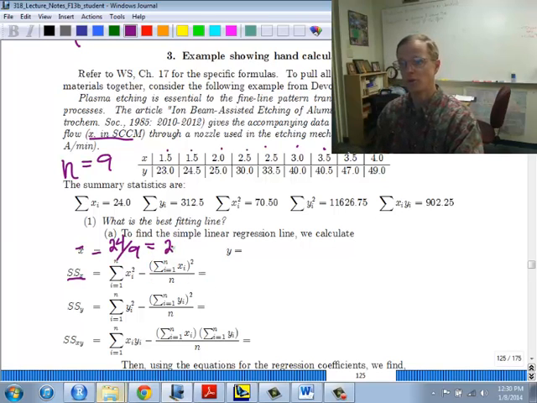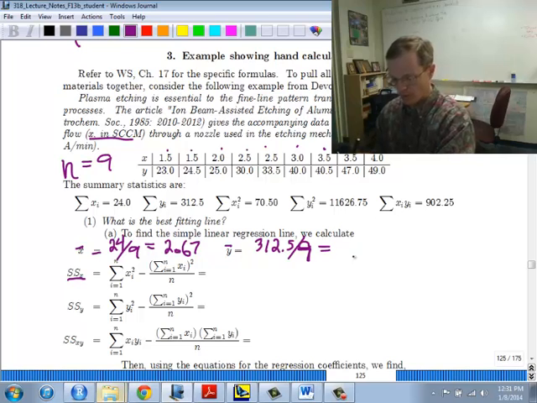That's 2.67. Again, we want to keep more places on our calculator, but we're just trying to be simple here. Sample mean Y bar, that's going to be the sum of Y, so 312.5 over 9, 34.72.